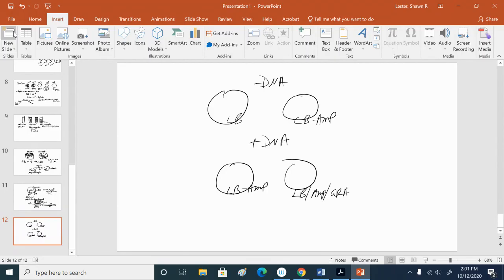We had lots of growth on the LB plate and no growth on this plate. What does this plate tell us? That ampicillin kills the bacteria.